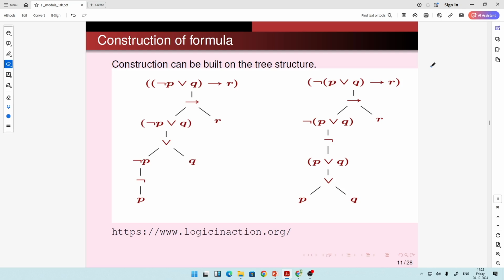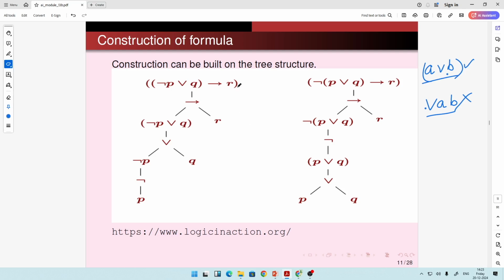Now, how do we construct a formula based on this? Suppose I say, for example, A or B, this is a proposition. Suppose I write and A B, this is not a propositional formula, while the other is. How do we know which is a propositional formula and which is not? It can be constructed through a tree.